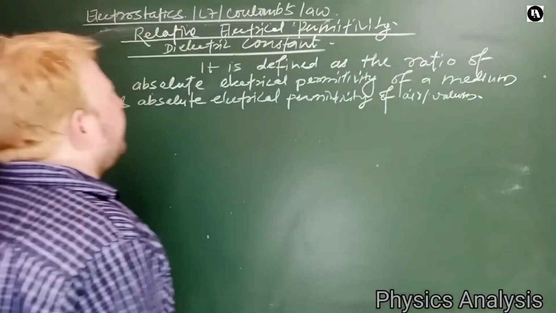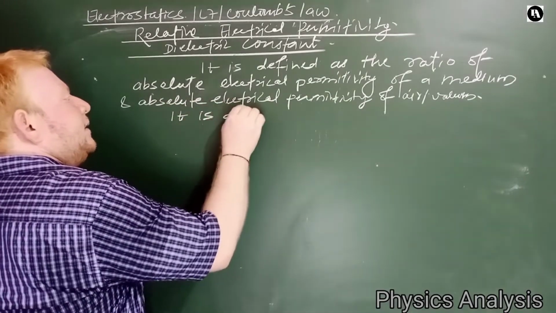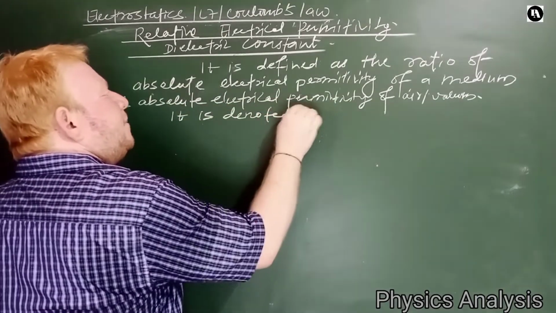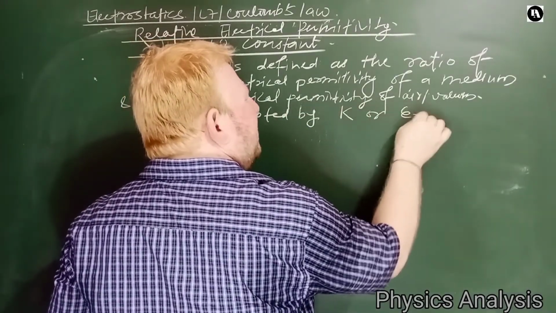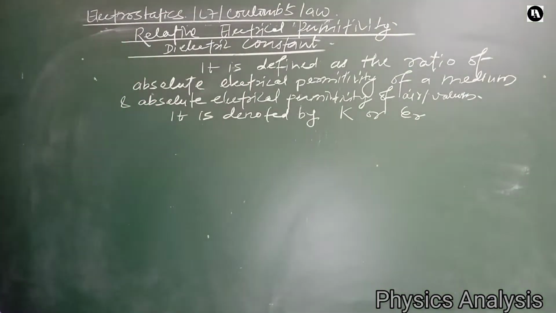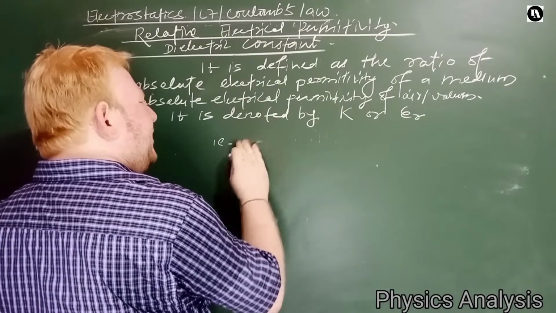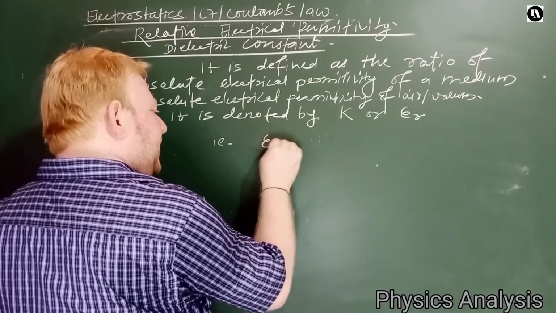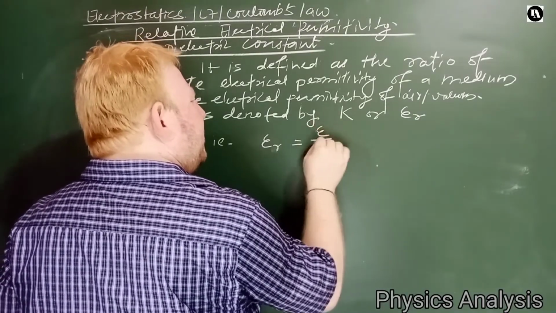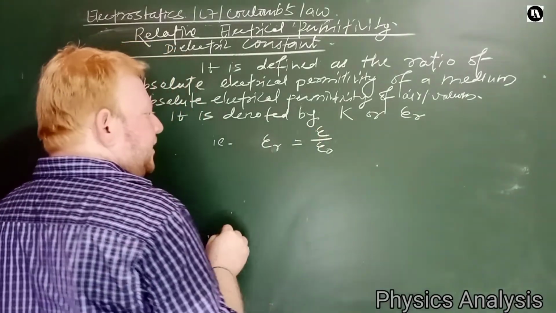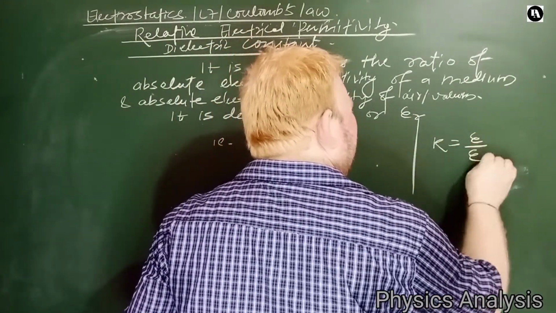And it is denoted by K, capital K, or epsilon R. That is, K, capital K everyone, epsilon R is equal to epsilon upon epsilon naught. Of course this also, capital K is equal to epsilon upon epsilon naught.